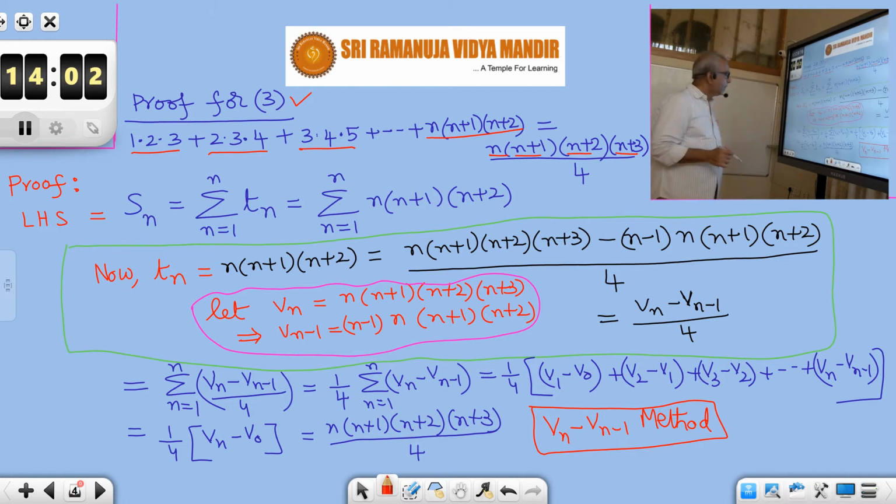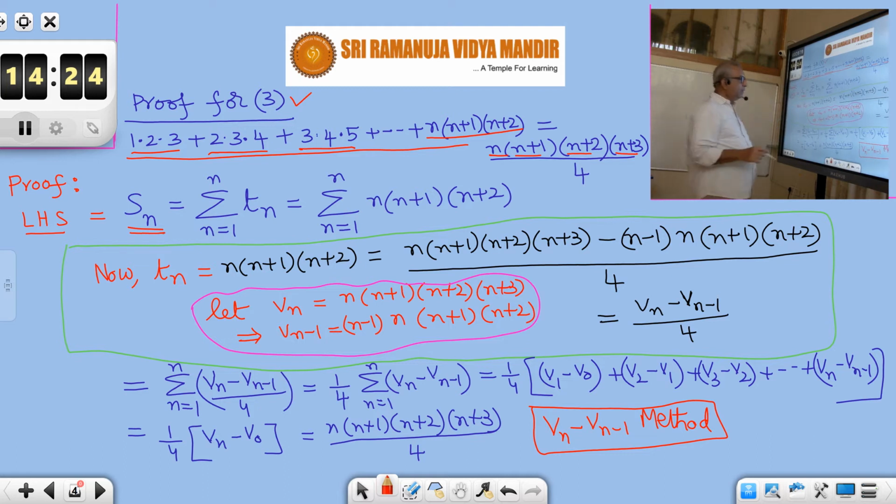Sigma notation. See, you know that for any series Sn, is it not? This is the sum of n terms of the series. For any series, Sn stands for sum of n terms of the series. So, we want to find out Sn of this particular series.